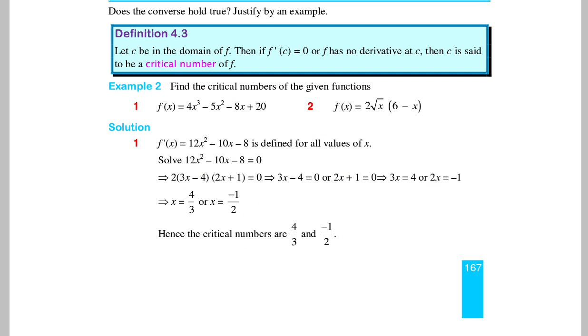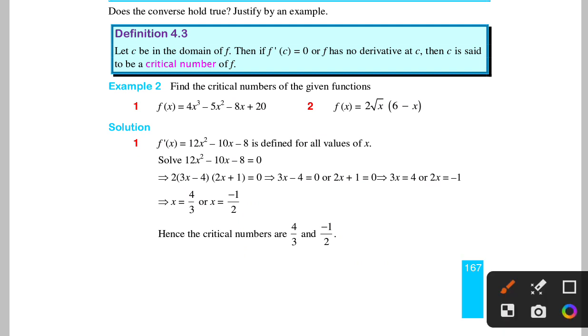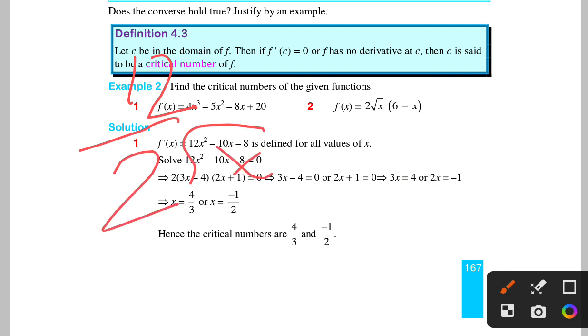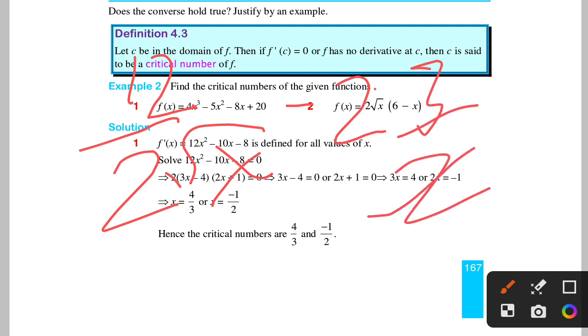Okay, 12 over 2 radical x, because radical x is equal to x raised to 1 over 2. Don't forget, minus 3 over 2. The 2 by 2 is cancelled.